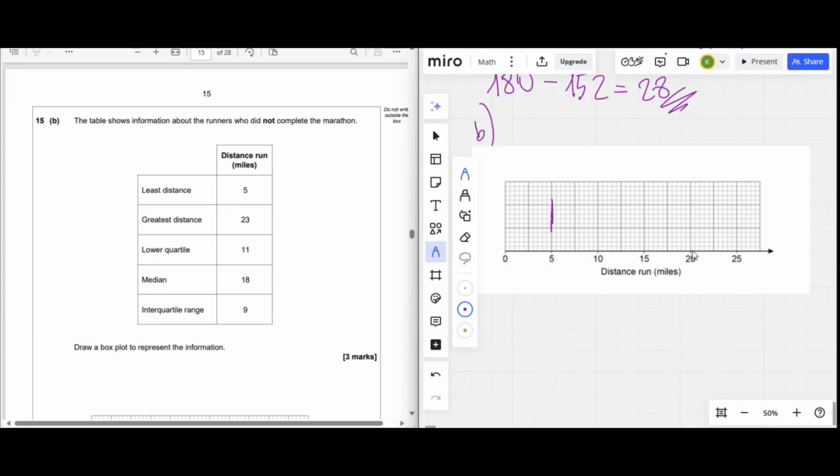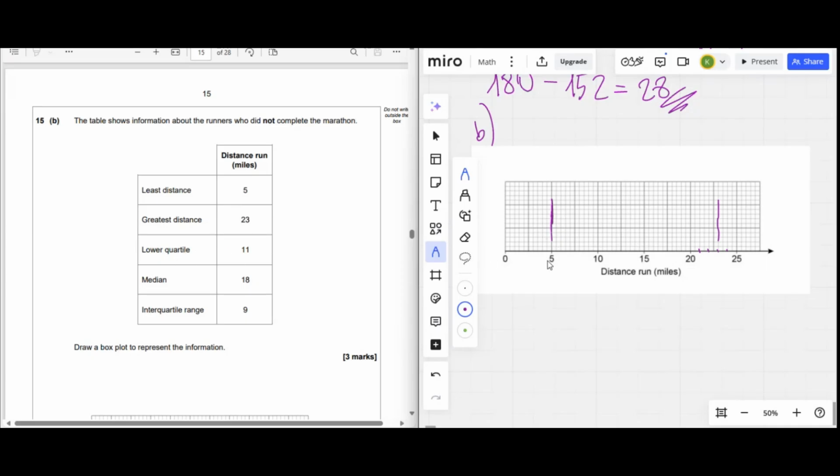So we have 20, 1, 2, 3, 4, and 5. So 23 will be there. And put a whisker there. So we have least and greatest lines.